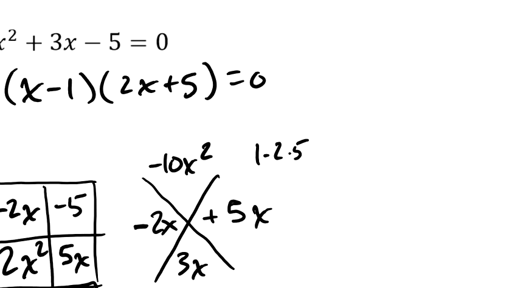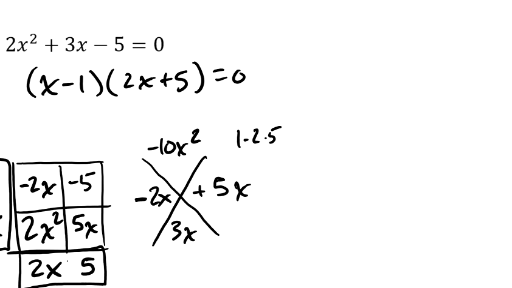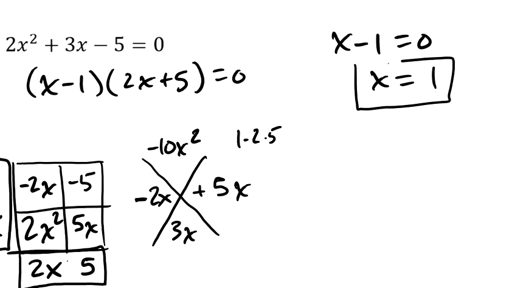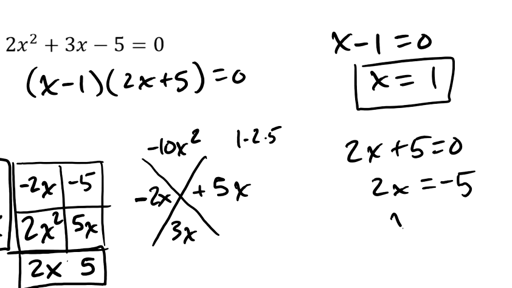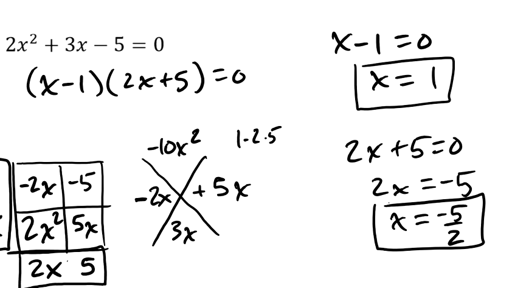So now we just use our zero product property and we write x minus 1 is 0, therefore x is the number 1. That's one of our solutions. And 2x plus 5 is 0, therefore 2x is equivalent to -5, and x is equal to -5 halves. So this is our second solution.